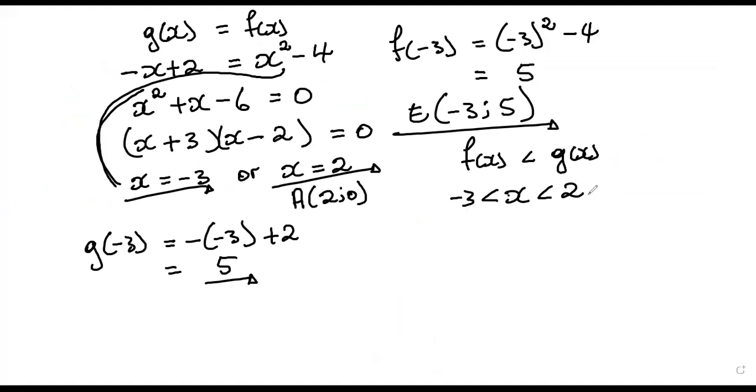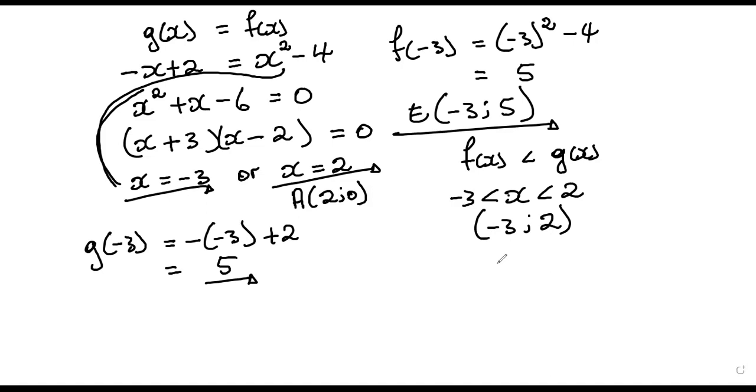But the alternative notation to this, you can say from -3 all the way to 2. You don't include -3 and 2, meaning you don't use a square bracket, you use a round bracket. Why? Because at exactly -3 and 2, the functions are equal. So that's why you must exclude these 2 points. Okay, that's fine.